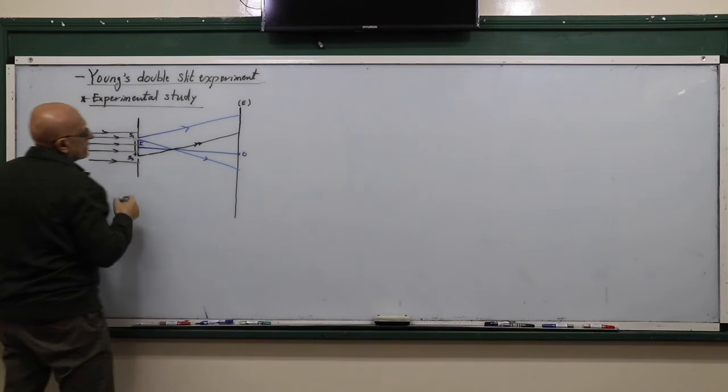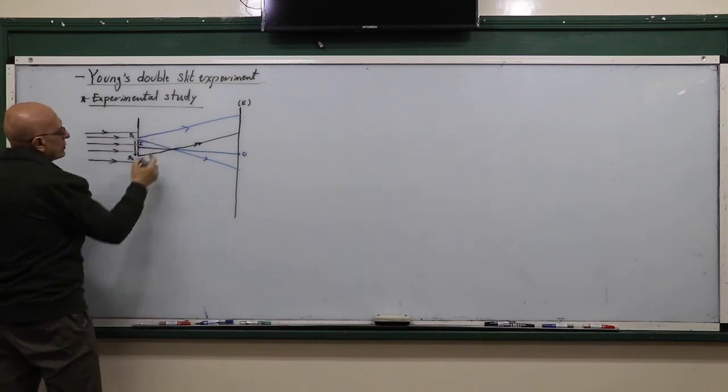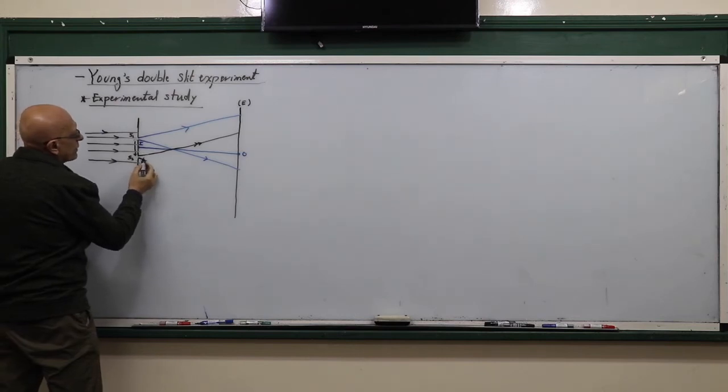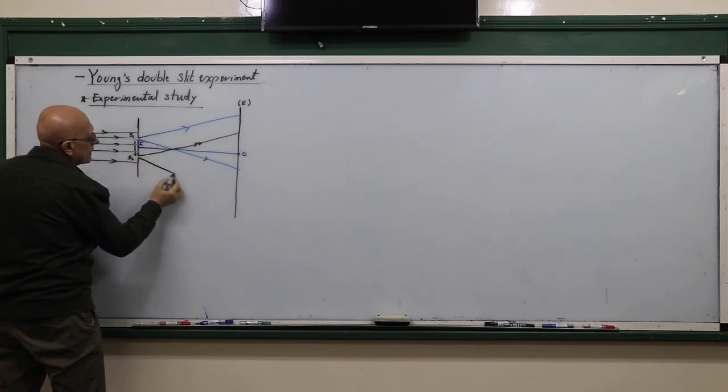I'm going to put here two arrows to distinguish the beam coming from S2 from the beam coming from S1. And you get the second diffracted ray here, parallel to this one, okay?